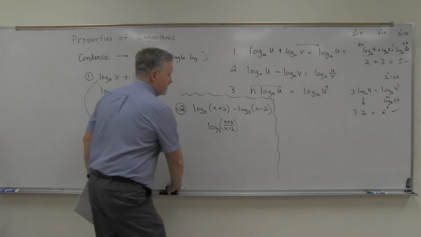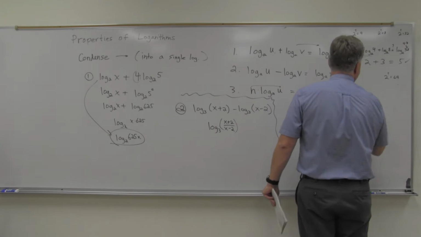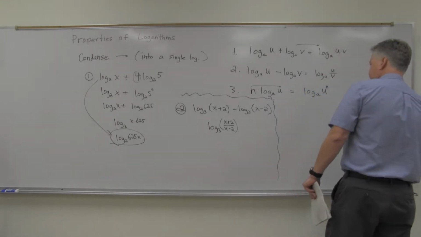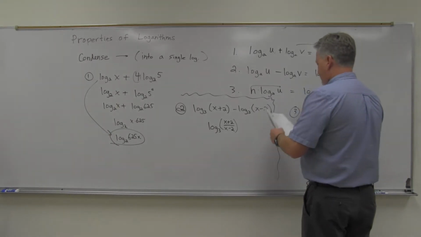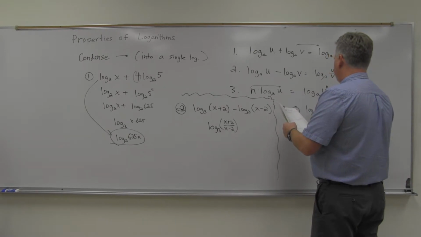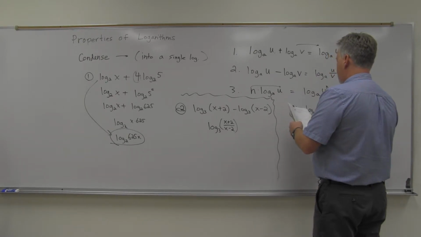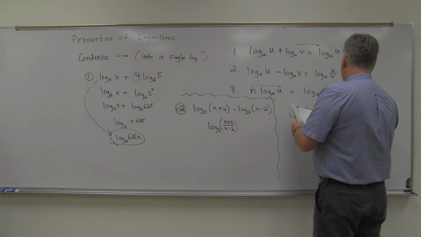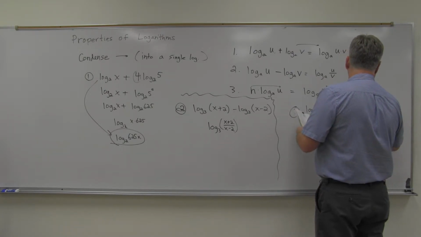Now what if I have 3 of them? What if I have log base 4 of x plus log base 4 of x minus 1 minus log base 4 of x minus 3?